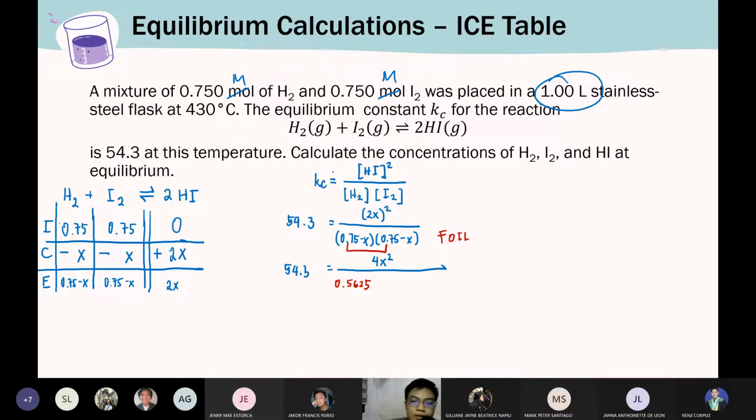Tapos na yung first term. Susunod, outer terms. Okay? 0.75 times negative x. Kasama yung negative ha. Okay. So 0.75 times negative x. So it will be negative 0.75x.